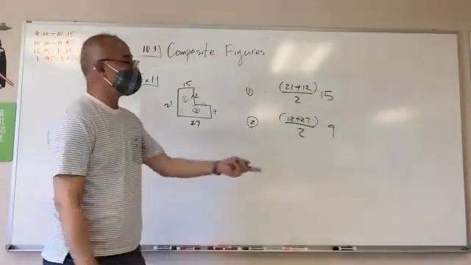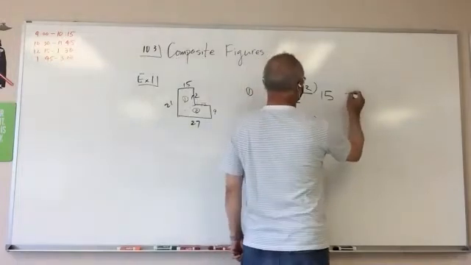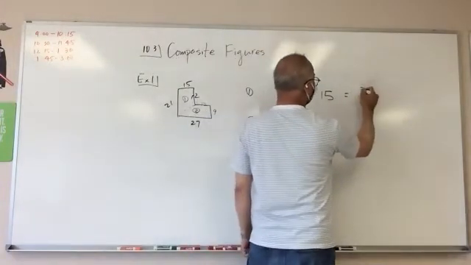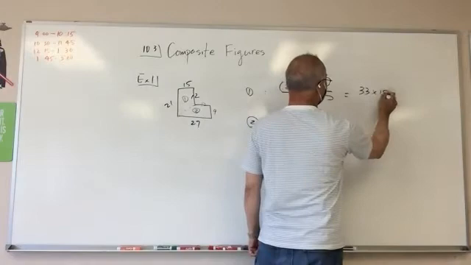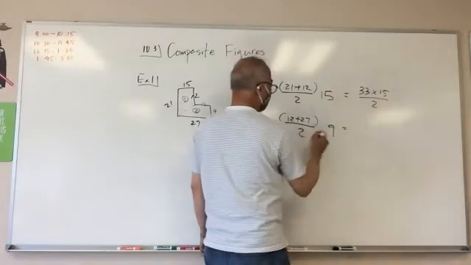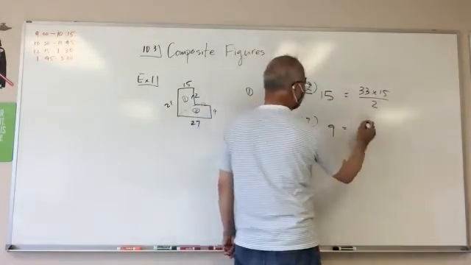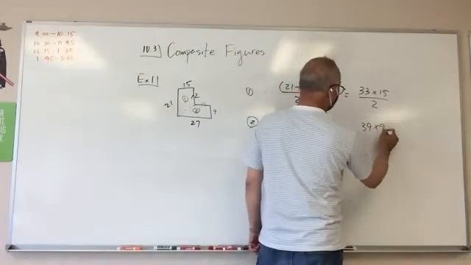So let's do this to make sure we get the same answer as the book. So I have 33 times 15 over 2. I have 39 times 9 divided by 2.